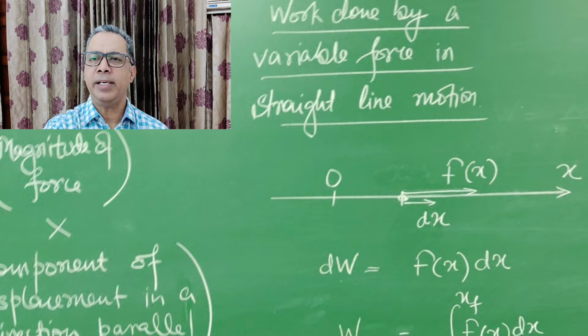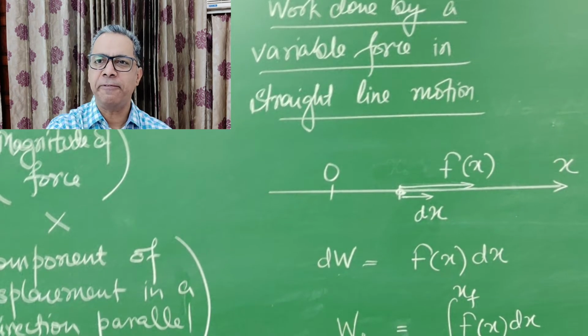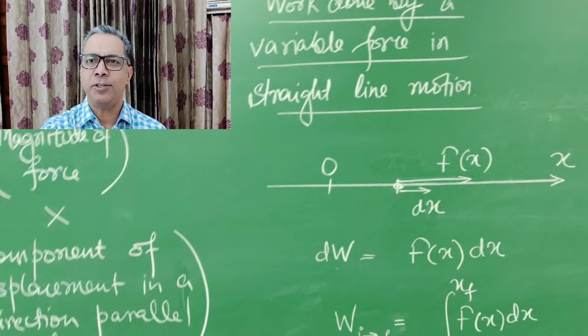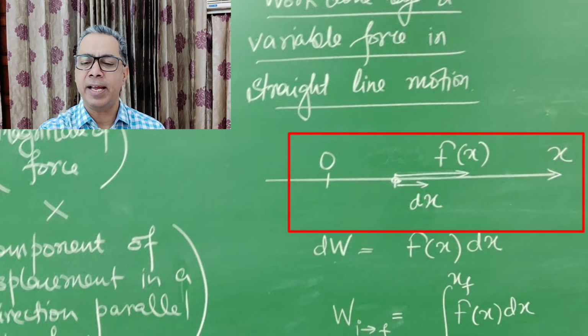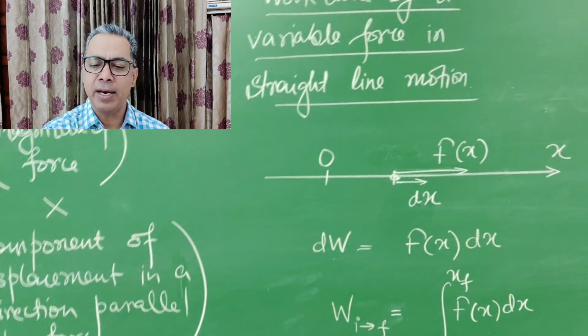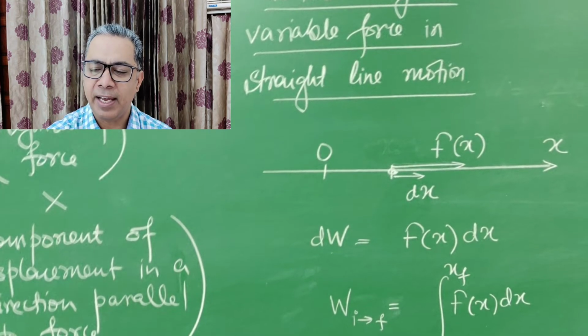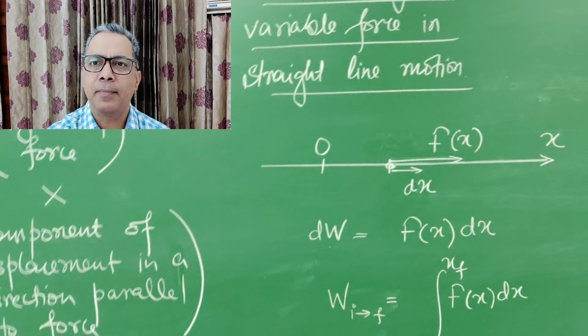This force has a magnitude F, which is a function of x. There's a tiny displacement dx we are considering, and therefore the work dW done in this tiny displacement is F(x) times dx.